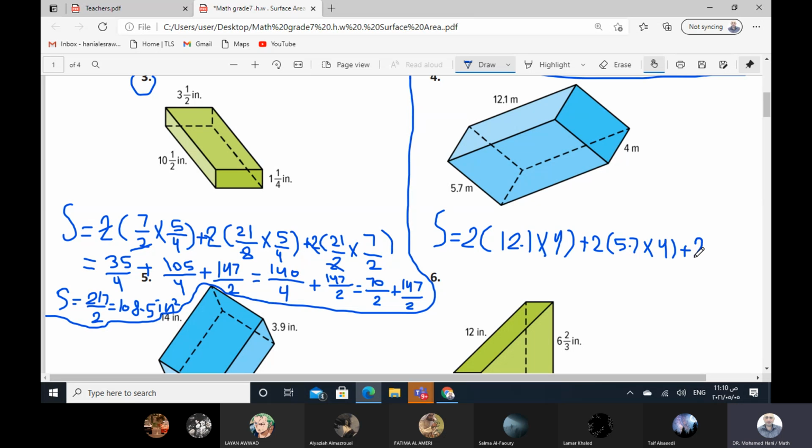So we can write 2 multiply by, here you have 5.7 and here we have 12.1. So we can write here 12.1 times 5.7.